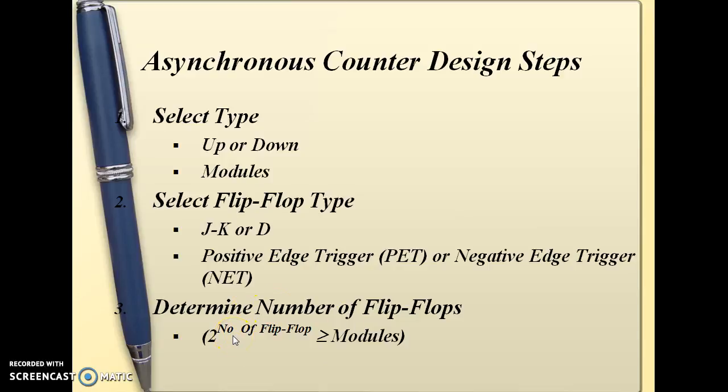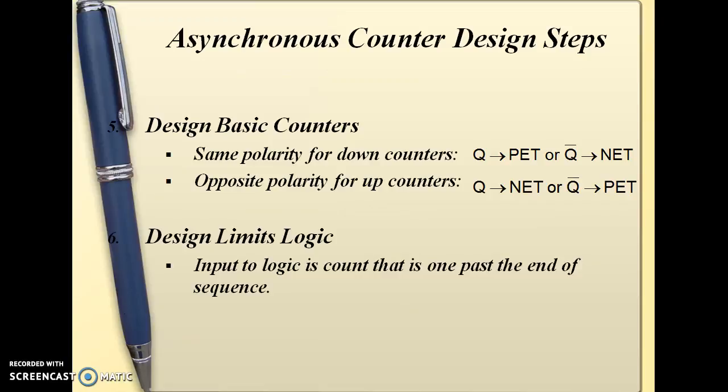Then we have to determine the number of flip-flops. The relation to obtain the number of flip-flops is that 2 raised to the number of flip-flops should be greater than the modulus of the counter. Now the next step is how we should connect the flip-flops. To obtain a down counter, in the case of positive edge triggered flip-flop, we should connect the Q output to the clock input of the next flip-flop.